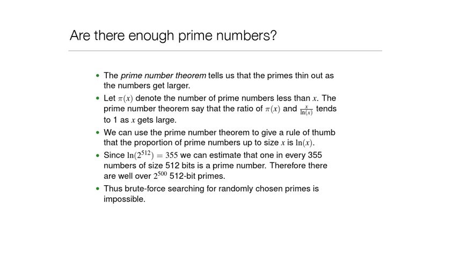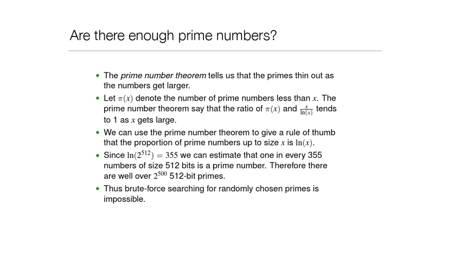And are there enough prime numbers? This information is a little bit more theoretical, but it is said that the prime numbers we have in the pool, or in the real numbers, are enough to make a lot of random prime choices for the RSA users.